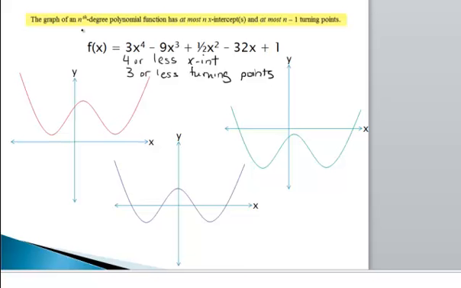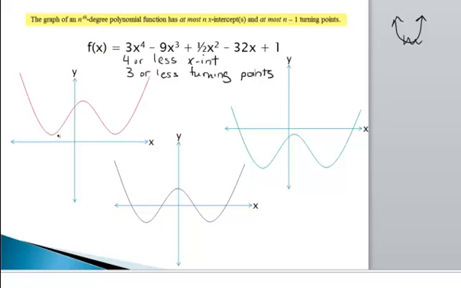Now we know that because it is a 4th degree polynomial, it has this general shape, but then it does crazy stuff in the middle. Well, in this case, you have these 3 different options. Actually, there's one more that we didn't put on here. If your graph is like this, it has no x-intercepts because it never actually touches the x-axis.